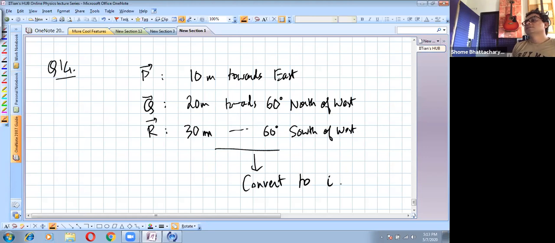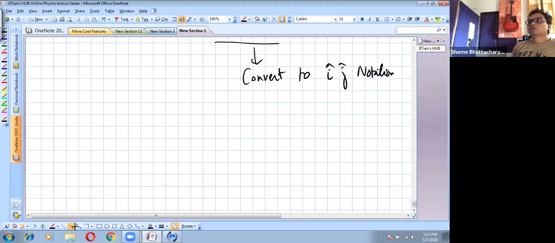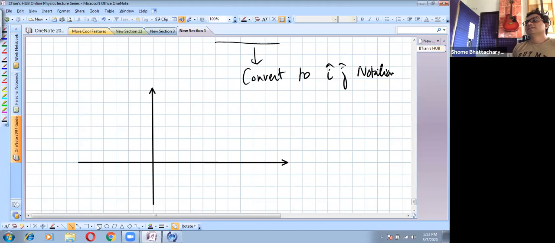Convert this to I cap, J cap notation. And I'll help you out with the diagram and you do this yourself from there. Okay. So if I take my system such that y-axis is pointing towards north, x-axis is pointing towards east. So this is west, this is south.